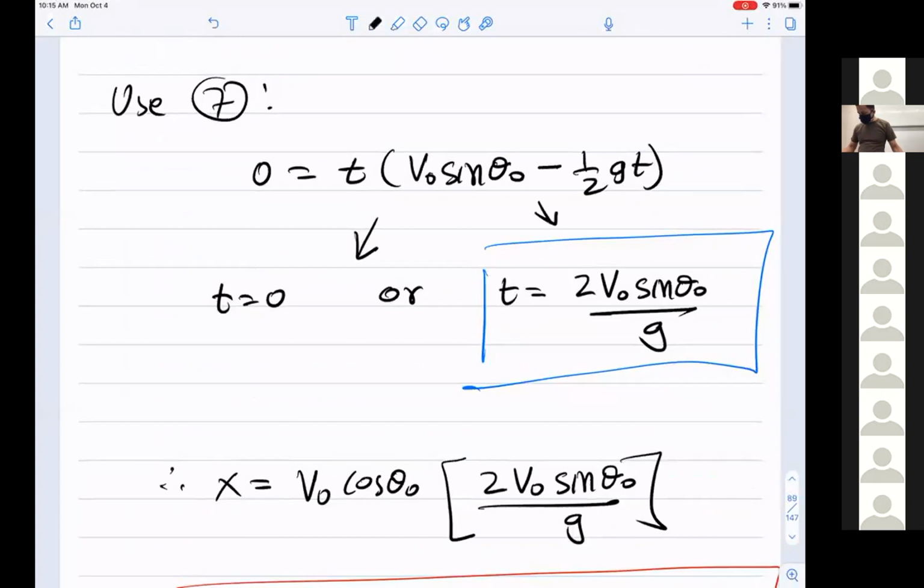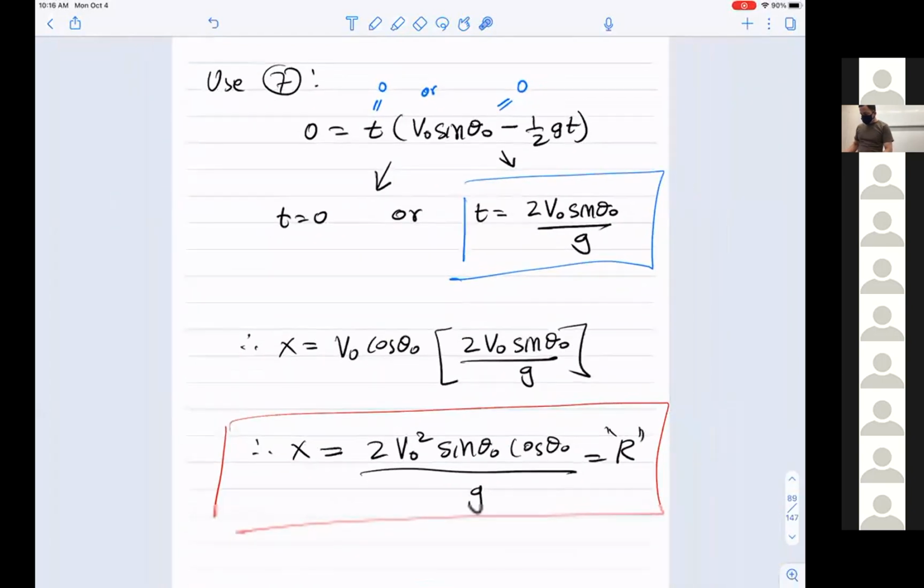Right, so this guy here, either this guy here is 0 or this bracket here is 0. Those are your two options. And so therefore we get, this is of course the solution that we want.